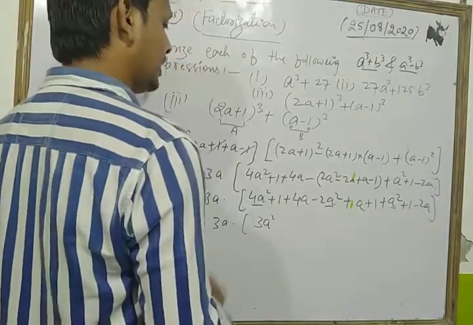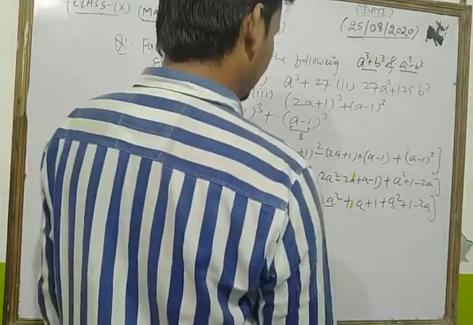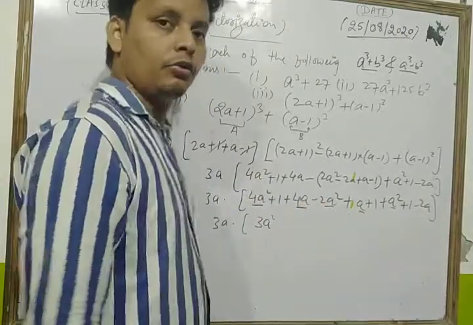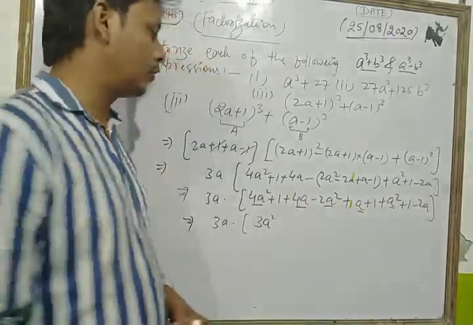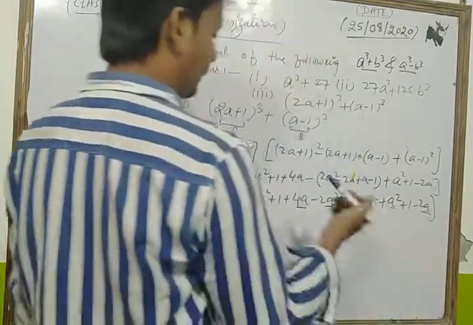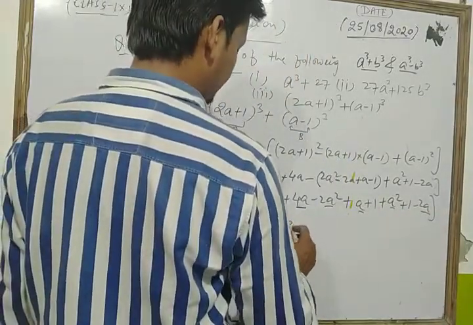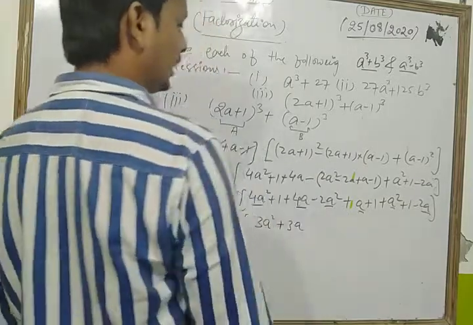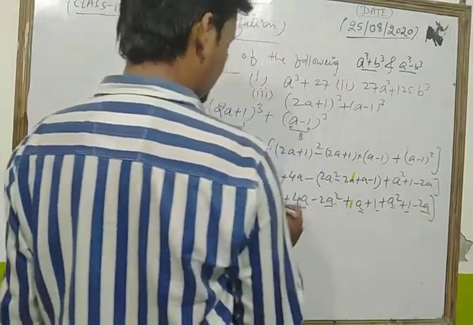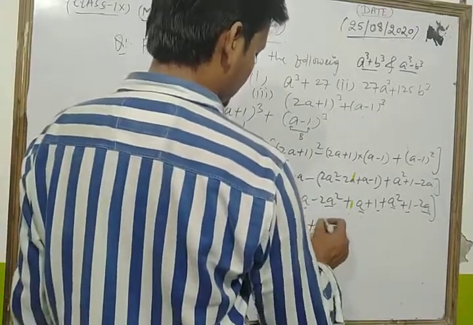Now we take a: 4a plus a is 5a, and 5a minus 2a gives plus 3a. Now plus 1 plus 1 plus 1, so plus 3.